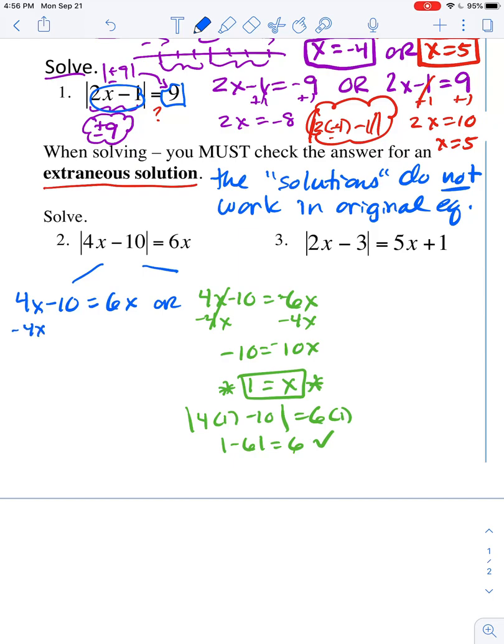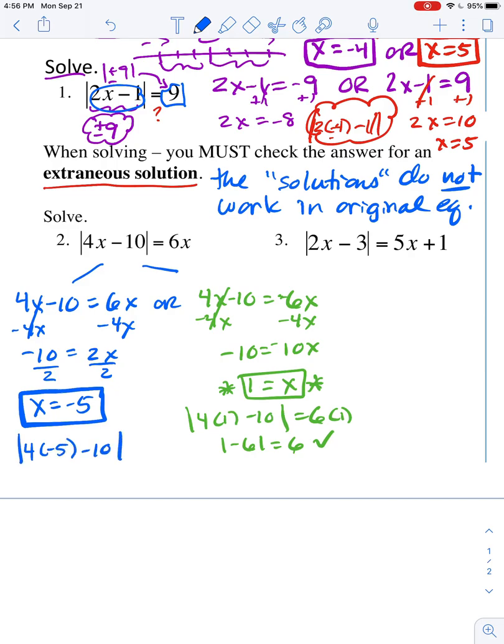So I go about the math in the same way. I go ahead and take away my 4x. I'll have negative 10 equals, this time be careful, I get a 2x. When I divide by 2, I find that x equals negative 5. That's my second potential solution. So I plug it back into my original problem, and I check, does 4 times negative 5 minus 10, absolute value of that, equal 6 times negative 5?